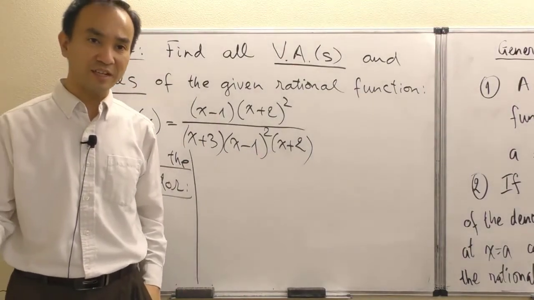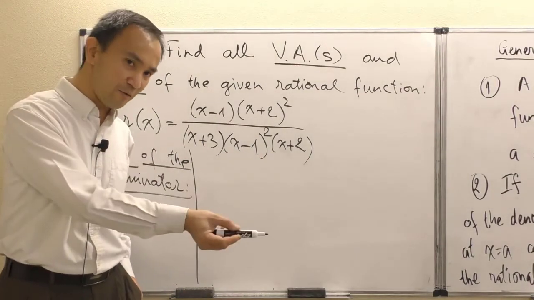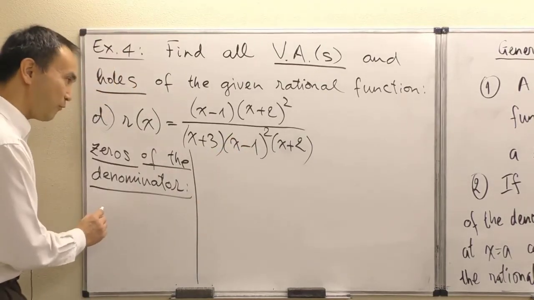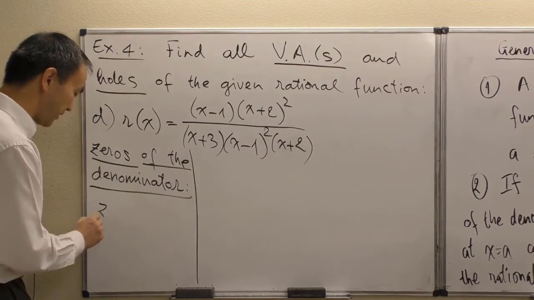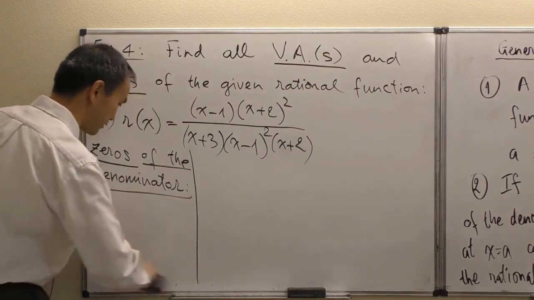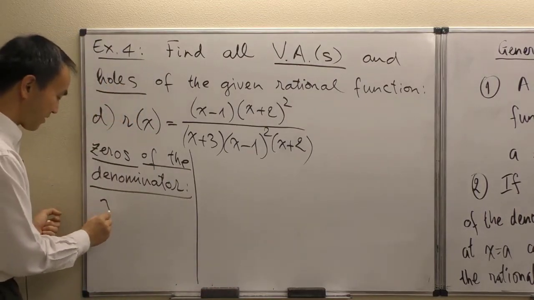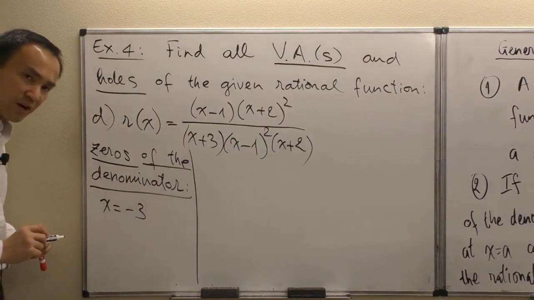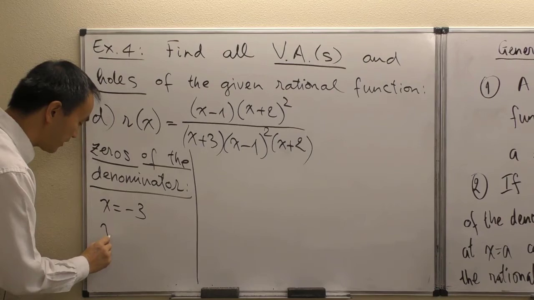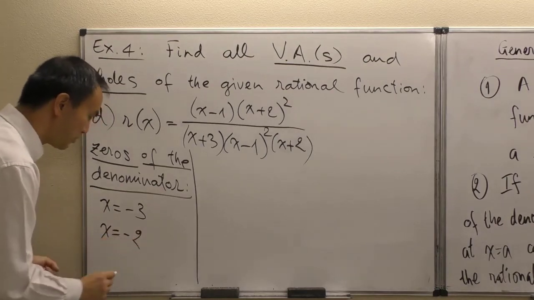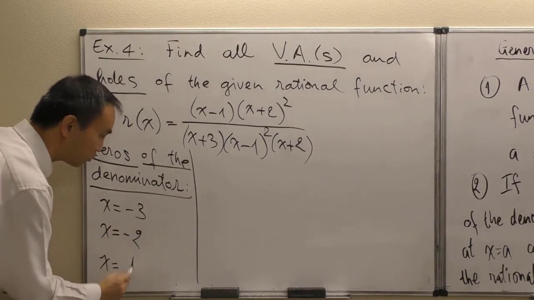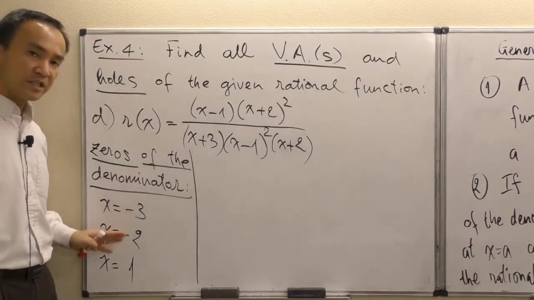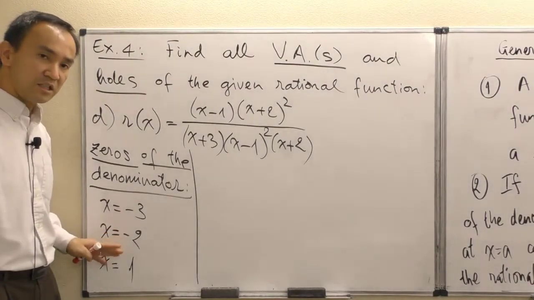Now, assuming you're already fluent with how to find zeros from a factor form, we have one at x equals -3. That's one of our zeros in the denominator. We have another one at x equals -2, and we have one at x equals 1. 3 distinct zeros in our denominator.